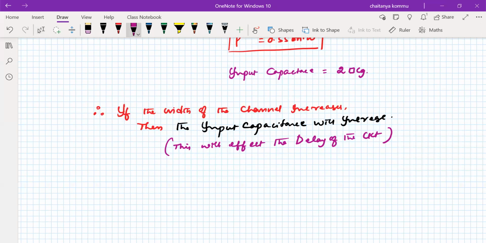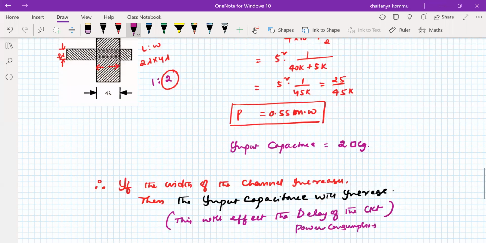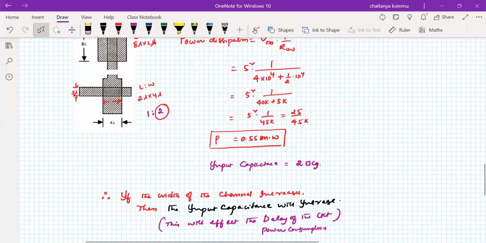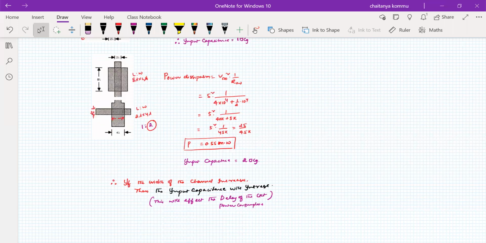So the delay as well as the power consumption of the circuit will be affected. That's what we have to remember about device dimensions: whenever you use the device dimensions, keep in mind that power and delay must be optimum, or we have to reduce them as much as possible. That depends completely upon the dimensions of the transistor.